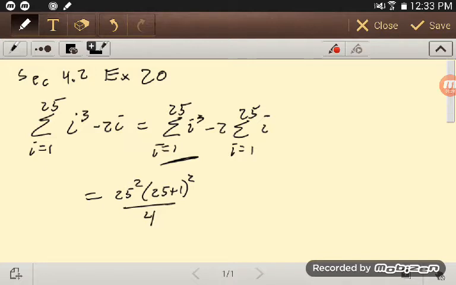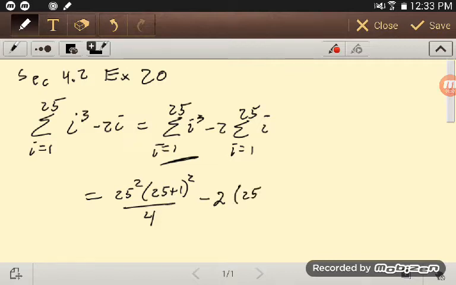And then we have minus 2, and I never remember the cubed one, although looking at it, I don't know why I don't remember it, because it's really similar to just summing up i. That was your n, so in this case 25.